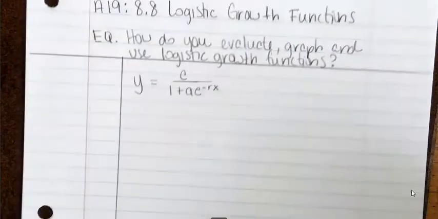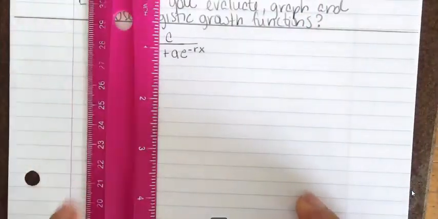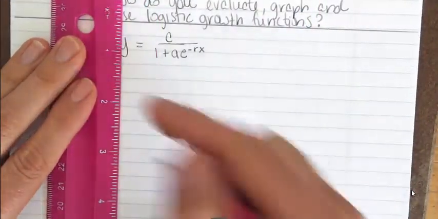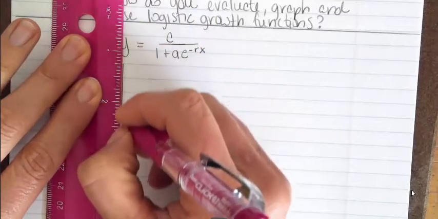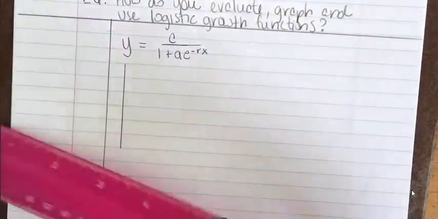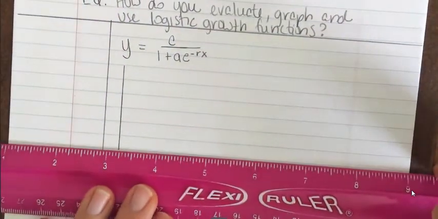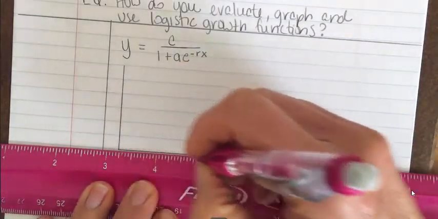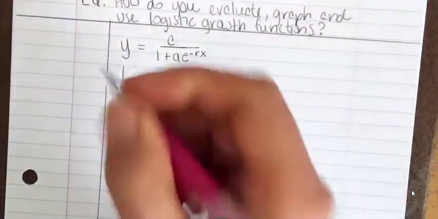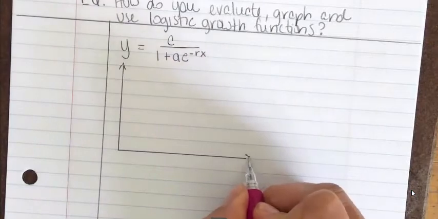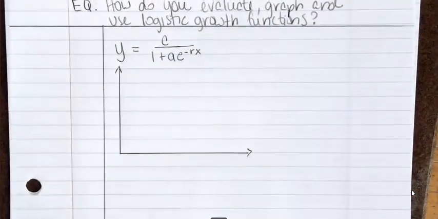And if we graph it, I think this will make a little bit more sense to you. So I'm going to graph it using quadrant 1 of the coordinate plane. Logistic functions take on this shape called a sigmoid.